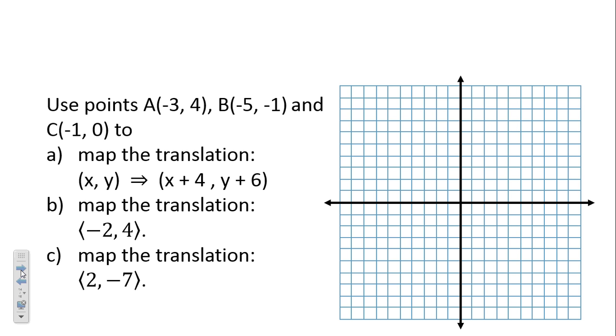One more translation. Take your original triangle ABC and move it which way? 2 to the right and 7 down. So take the original A, B, and C, move them 2 to the right, 7 down.